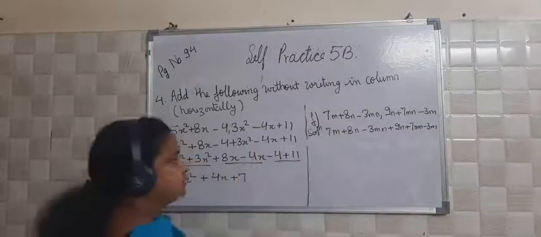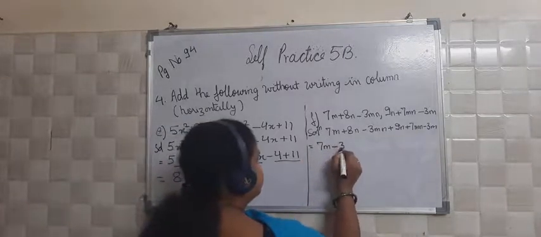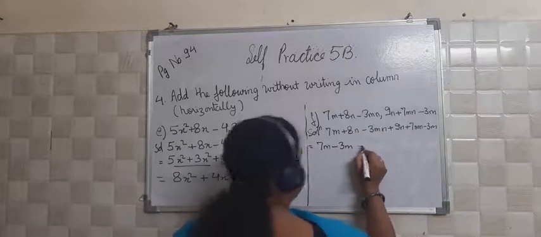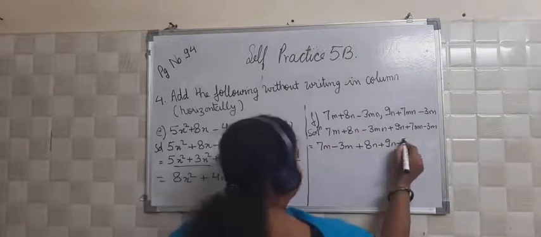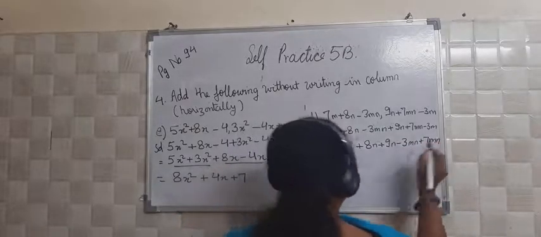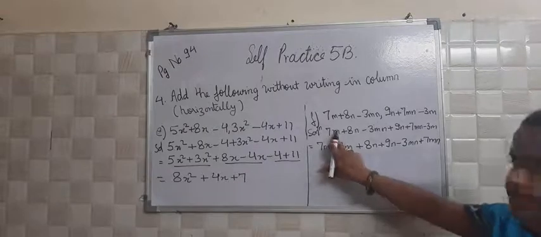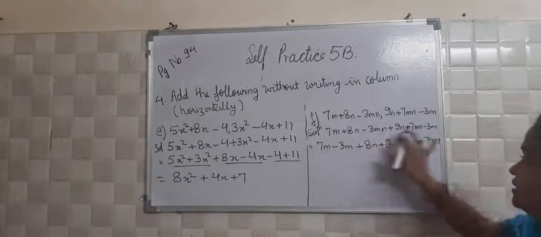Now take m together. 7m minus 3m plus 8n plus 9n minus 3mn plus 7mn. Correct? See, here 7m and here 3m is there. So we will take this and this together.